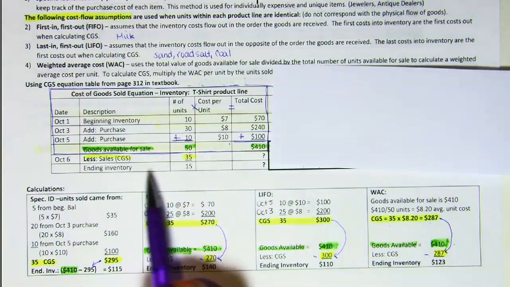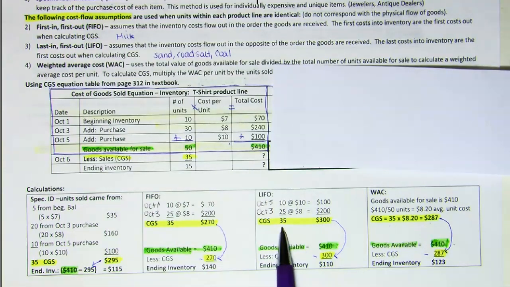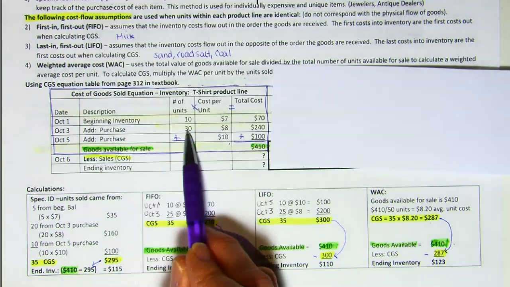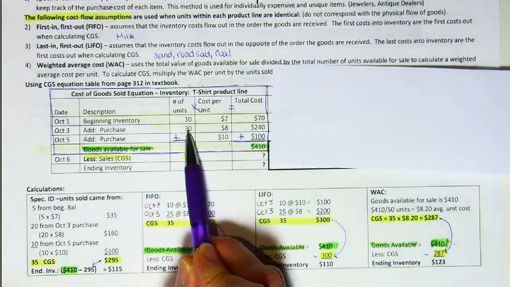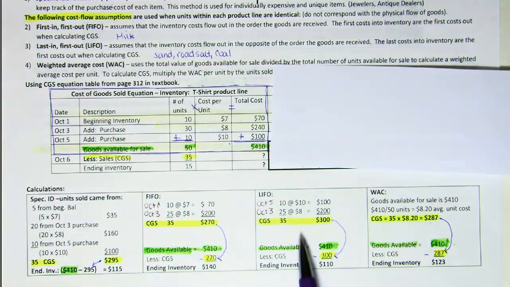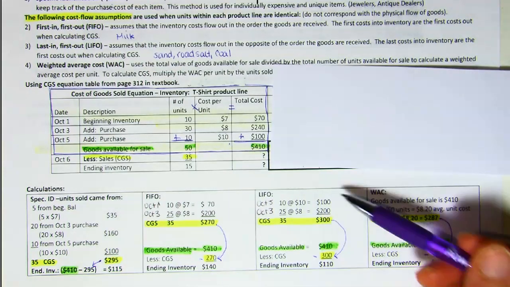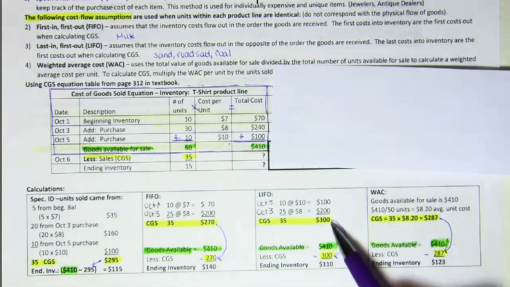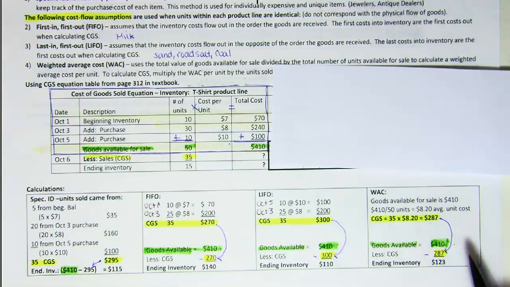And then to add up to a total of 35 units in all, we sold 25 of these 30 that we paid $8 a piece for. And that comes to $200. $100 plus $200 is a total of $300. That was the cost of what we sold, the cost of those 35 units.